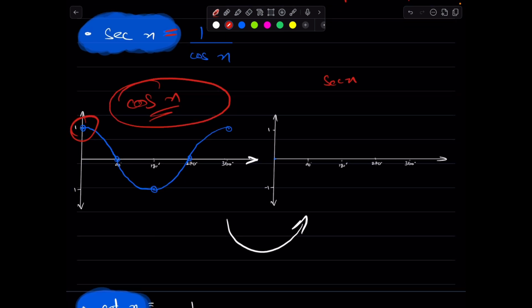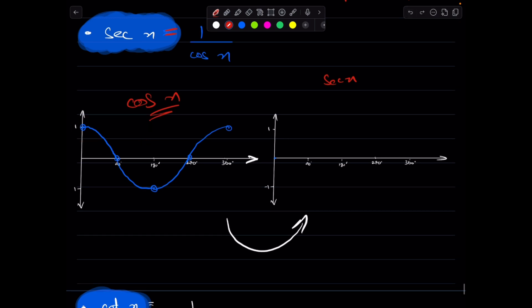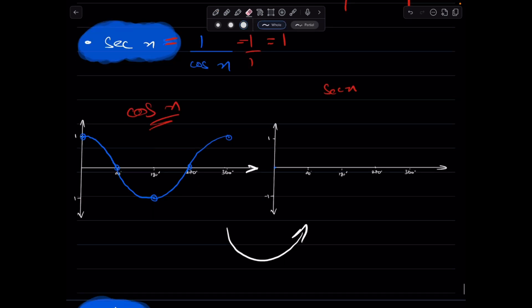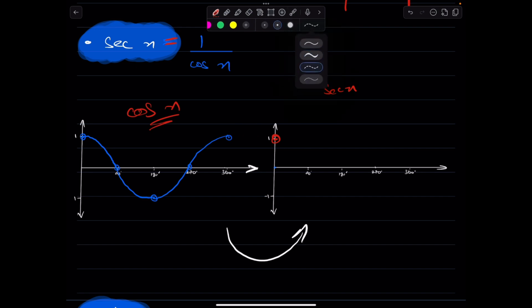Thus cos x is equal to 1. Thus 1 over 1 is going to be 1. Thus we have a point at 1 here, and then at 0, 1 over 0 is infinity. Thus we have an asymptote here at 90.